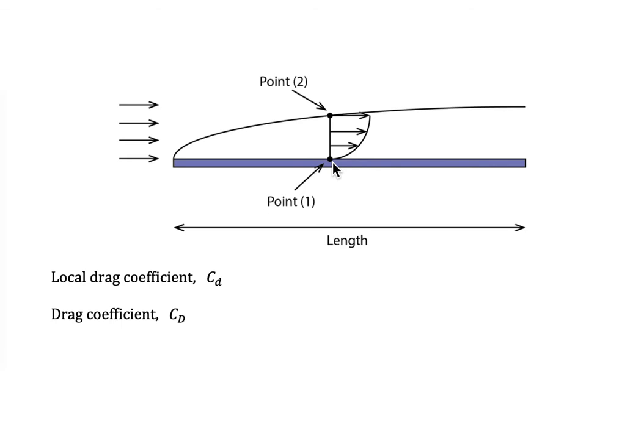The drag coefficient for only this one point is called local drag coefficient. And drag coefficient here is the total drag coefficient for the whole object. Please be advised that for the calculation of drag coefficient, the influence of area must be included in your calculation. I will show you later.